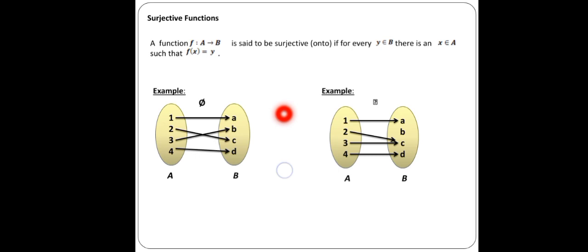So let's look at the definition: for every element y in the set B, so the elements in set B, which are A, B, C, and D, it says also in the definition that there is an element x in the set A such that f of x is equal to y, or in our case, phi of x is equal to y. So we see that phi of 1 equals A, phi of 2 equals C, phi of 3 equals B, and phi of 4 equals D.